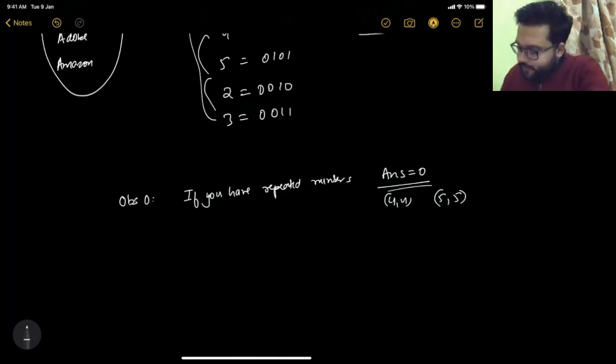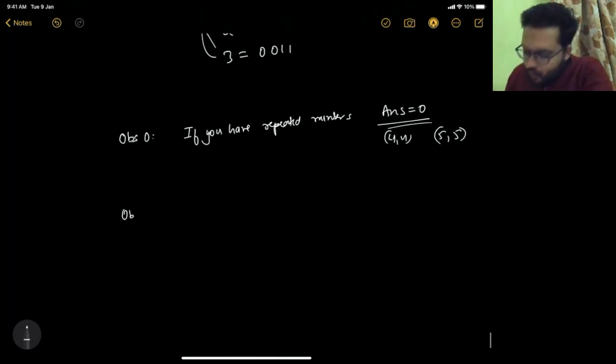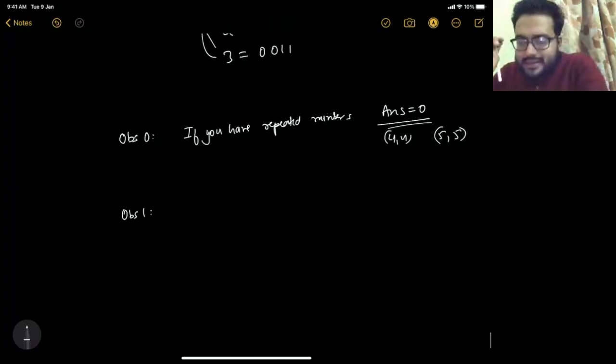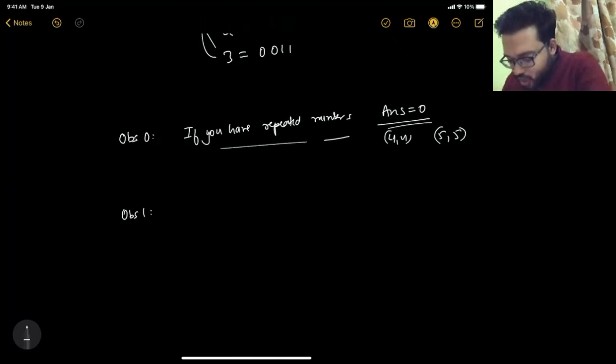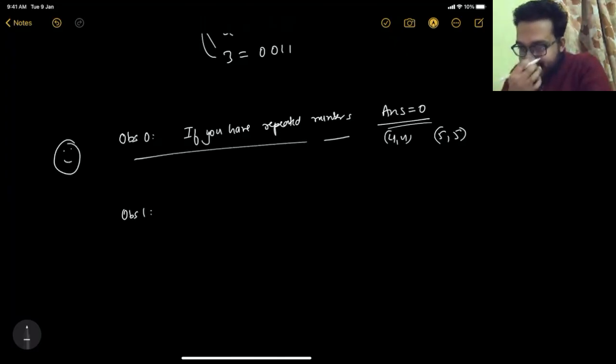Again, the same thing that we observed in the previous question. If the numbers are different, the XOR value will have at least one set bit. Is everybody with me? This is the second observation. This is again a very, very critical observation in this question. And again, this is great because XOR tells us about exclusivity.